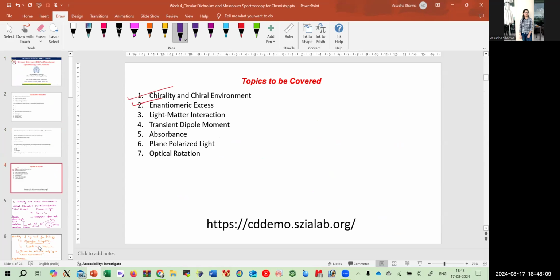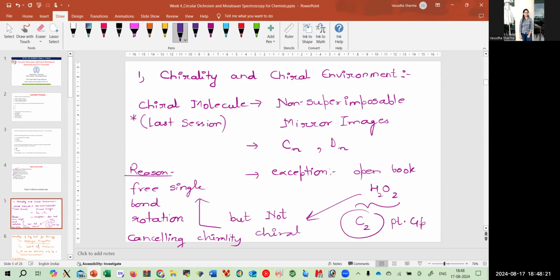So basically, we are done with our light-matter interaction, transient dipole, absorbance, plane polarized light, and optical rotation. Everything has been covered for today. We started with chirality and chiral environment. A chiral molecule produces non-superimposable mirror images. The point groups that are chiral are Cn and Dn.